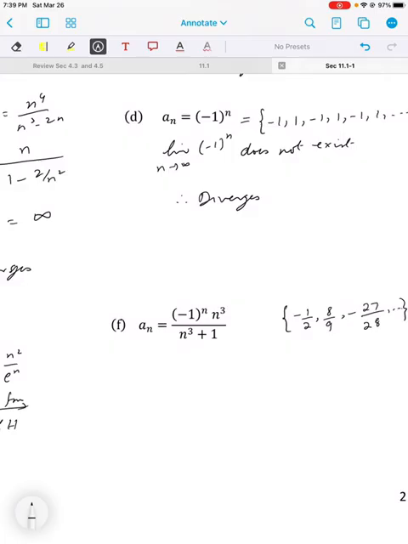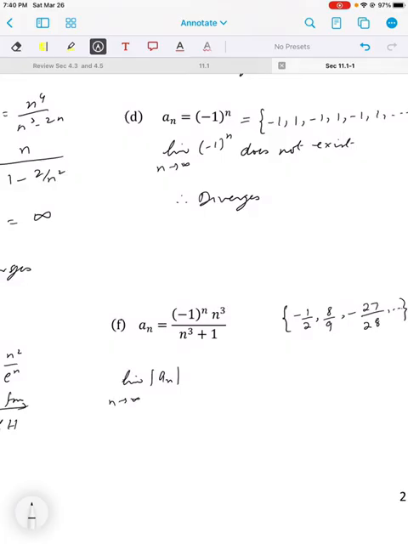But notice here that the numbers are now increasing in size. If you look at the value of each number, the first one is 1 over 2, and the next is 8 over 9, then 27 over 28. So in this case, what we do, we try to find the limit of the positive sequence. So we will try to find the limit of the absolute value of it. What does the absolute value do?